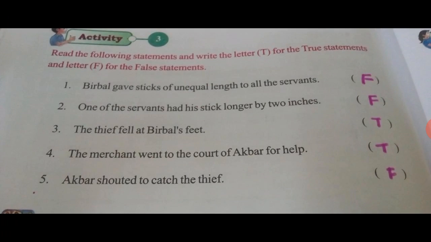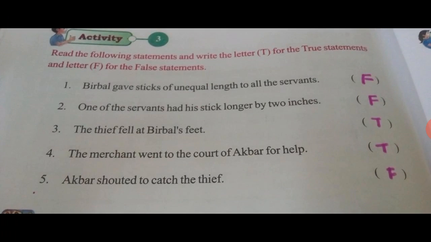Let's see the first one. Birbal gave sticks of unequal length to all the servants. This is false. F. Because Birbal gave sticks of equal length to all the servants. Second one. One of the servants had his stick longer by 2 inches.